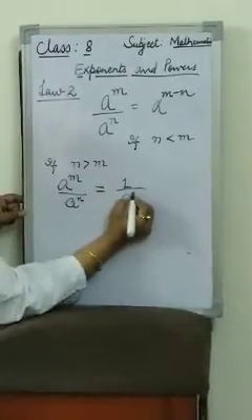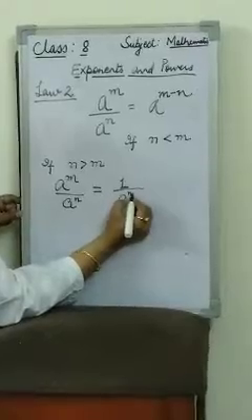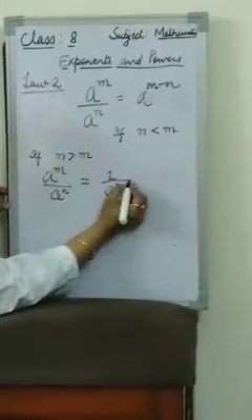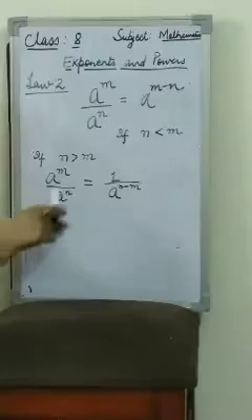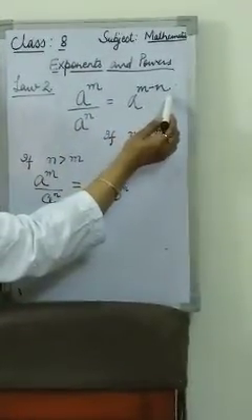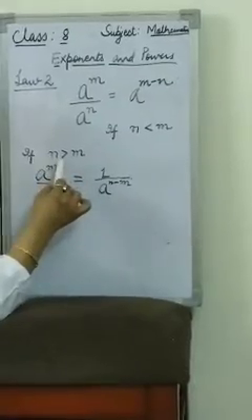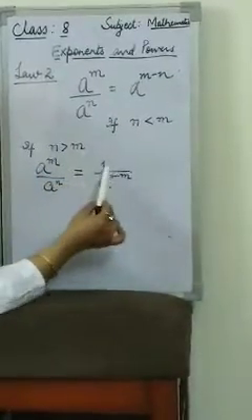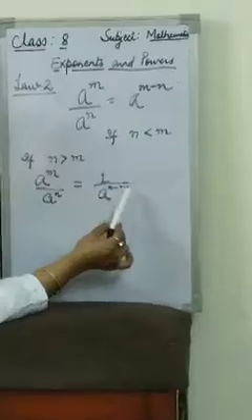So it becomes 1 by a to the power n minus m. If the power of the numerator is greater, then we write a to the power m minus n. If the power of the denominator is greater, then we write 1 by a to the power n minus m.